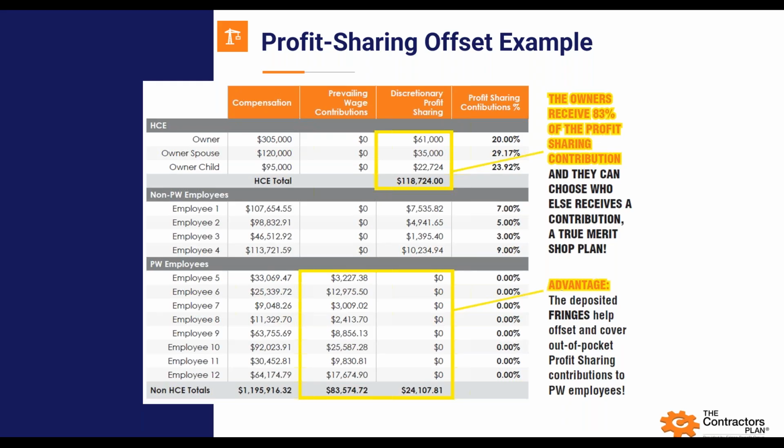But then most importantly, look at the amount that the owner and spouse and child can all benefit from this plan, over $118,000, that if you were to make contributions otherwise, then you wouldn't have enough funds to have such a significant contribution to that owner.